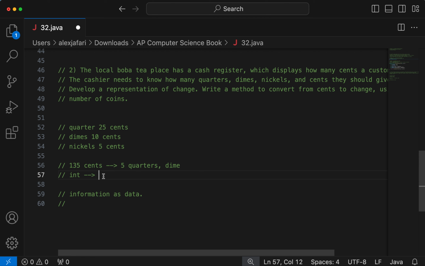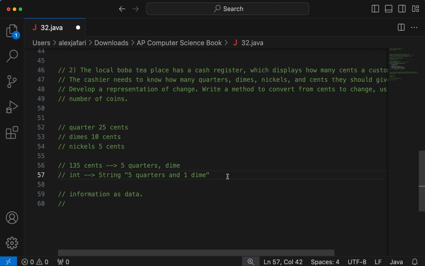So what is the type? It's a string. Okay, so you want a string like 5 quarters and 1 dime. I think so. Okay.